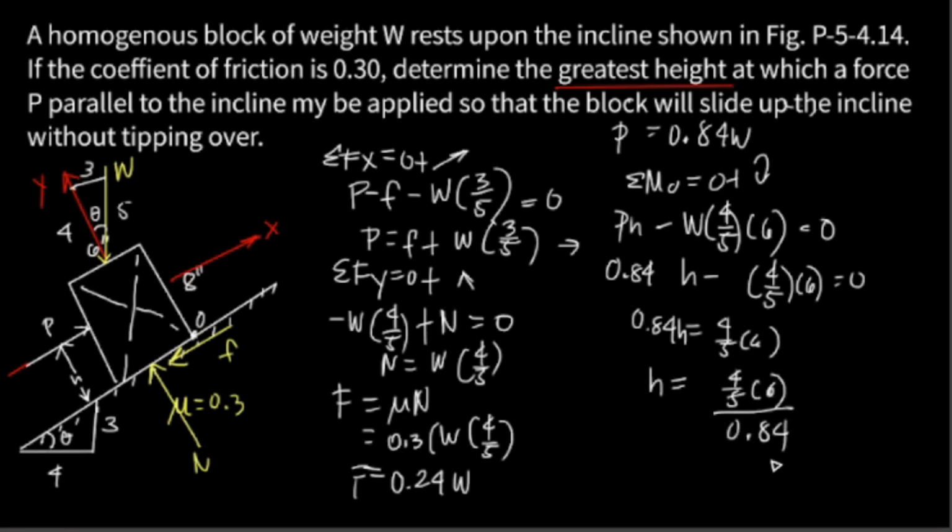Let's calculate it on the calculator. H would be equal to 5.71 feet. So we found the greatest height at which the force would be applied to the block to slide up the incline without tipping over. So, that is the greatest height.